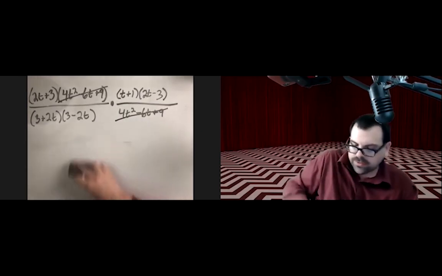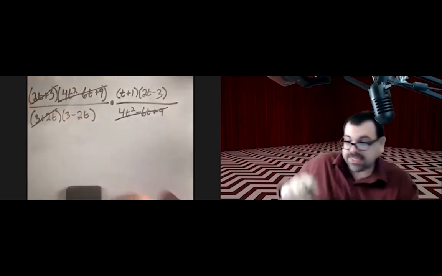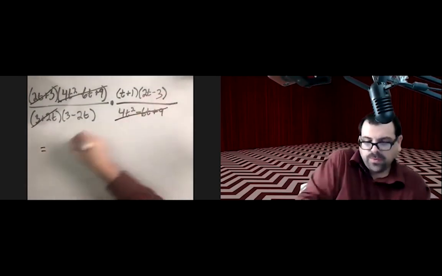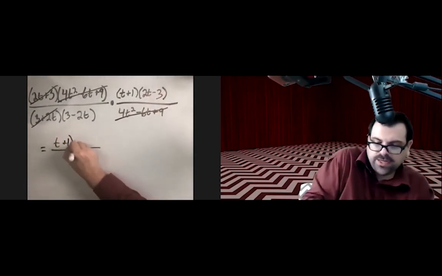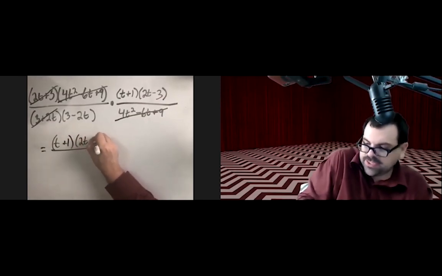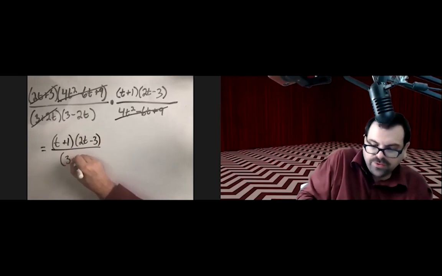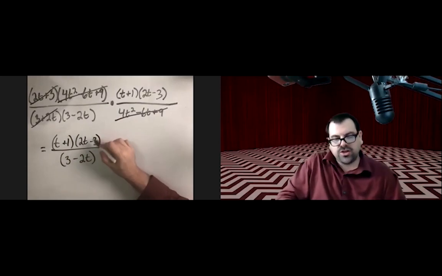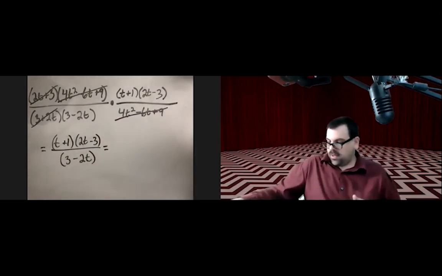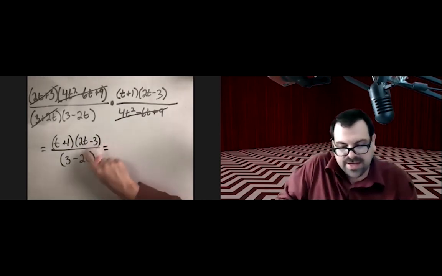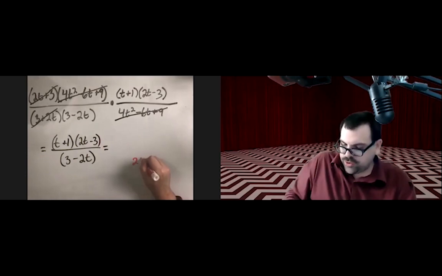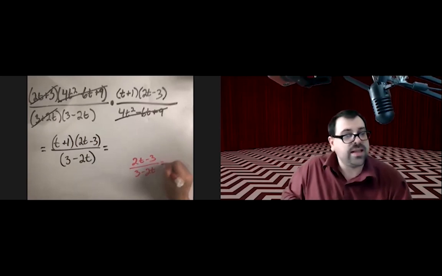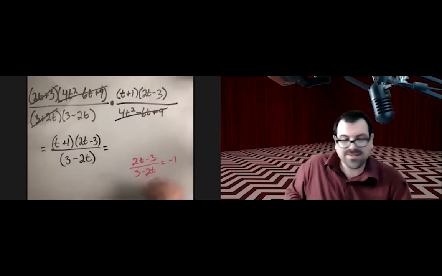We can add in any order. Subtracting is what throws us off. And before we worry about that, let's write what we have. We have t plus 1 times 2t minus 3 on top. We have 3 minus 2t on the bottom. We can't just cancel these, because they're not the same thing. What does 2t minus 3 over 3 minus 2t give us from our conversation in the last lecture? Gives us -1.